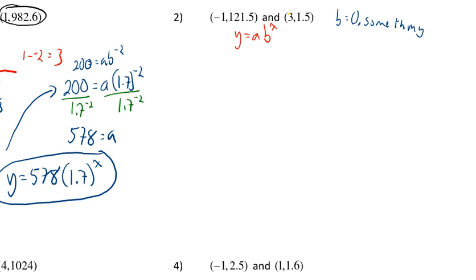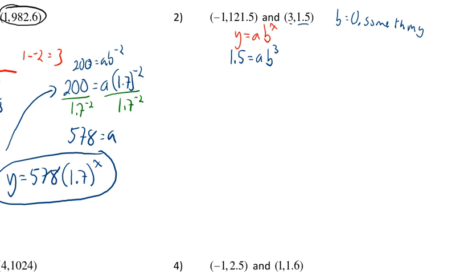Use that point on top. So 3 is the x, 1.5 is the y. So I'm going to put 1.5 in for y and 3 for x. And Victoria and anybody else, stop me as soon as I'm losing you.